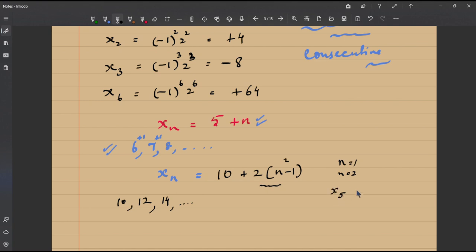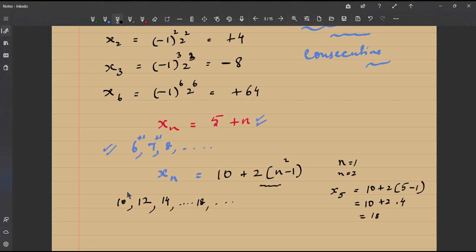Let me calculate just for x5. 10 plus 2 into 5 minus 1, which is 4, so 18, right? You can calculate any term this way, just substituting the value of n as 1, 2, 3, 4, 5, etc. This is another sequence.